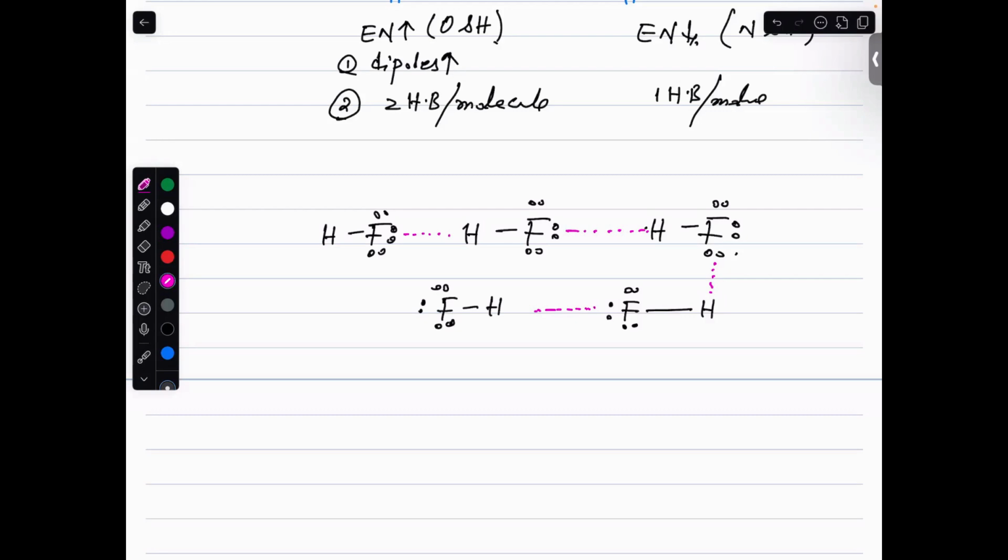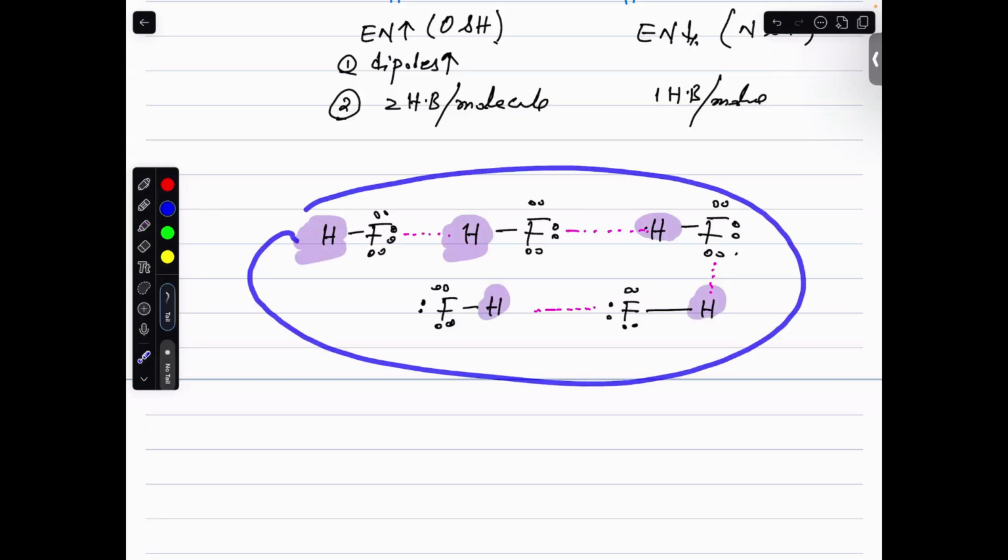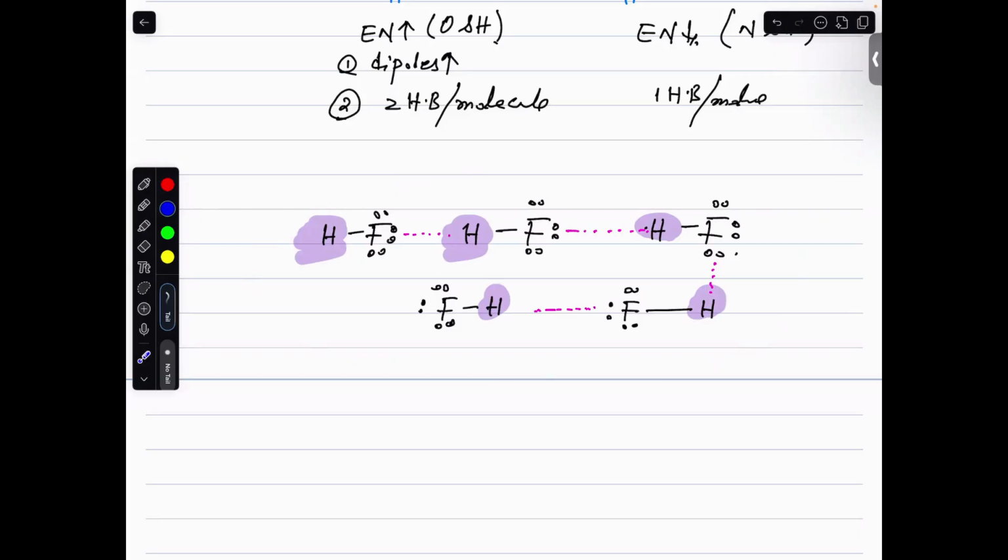There are too many lone pairs, but only one hydrogen available. If there is only one hydrogen available, the maximum is one hydrogen bond. So with 5 HF, 1, 2, 3, 4, and I can connect this to this to make it 5. So 1, 2, 3, 4, 5.